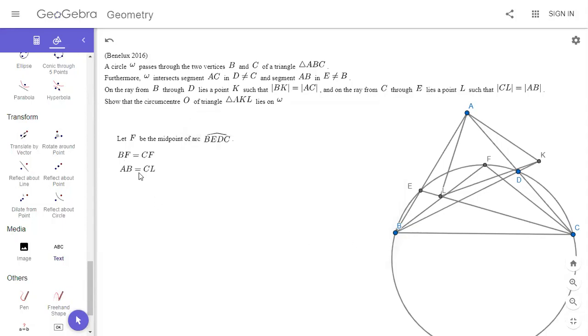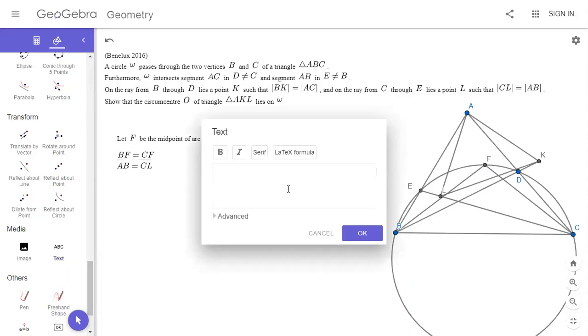And then we want to show the angle between them is equal. So angle ABF is equal to angle EBF, which is equal to angle ECF. Is it that simple? I think it is, yeah.